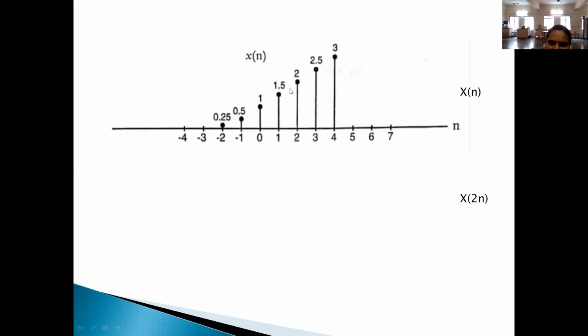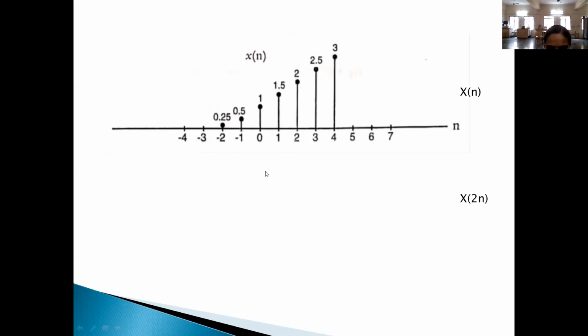Wherever the samples are there, just take them. Then 3/2 is again a fractional value. 4/2 is 2, 2/2 is 1, 1/2 is 0.5, 0/2 is 0, -1/2 is -0.5, and -2/2 is -1.